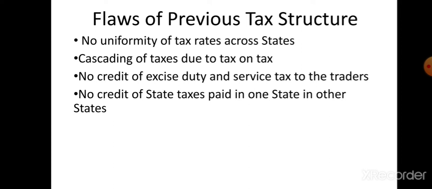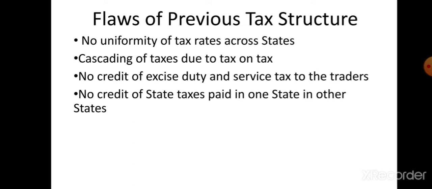Some goods and services remained outside the ambit of CENVAT, that is, the central value added tax, and the exempted sectors were not allowed to claim any credits for any CENVAT or service tax paid on inputs. So this cascading effect, that is tax on tax, is also one of the major flaws of the previous tax structure.